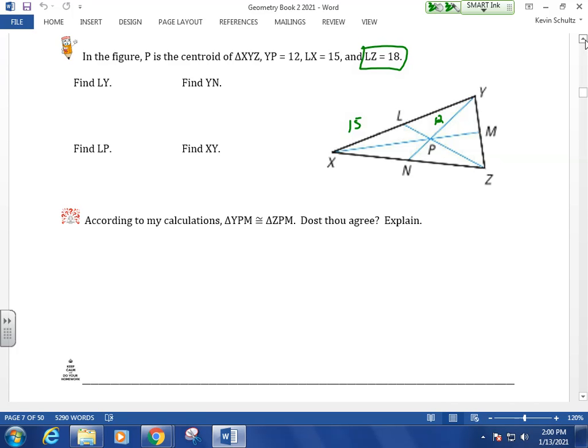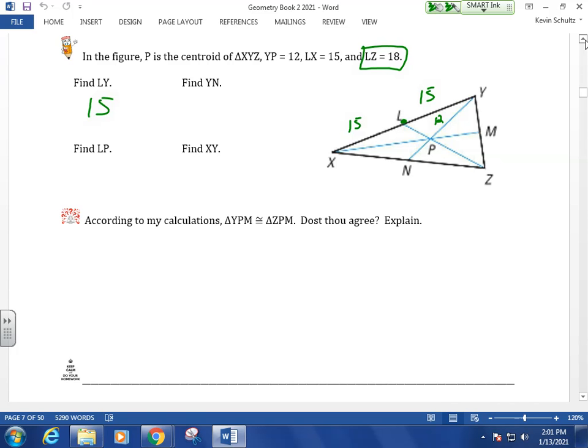But knowing that point P is a centroid, and remembering our definition of a median, it comes from the angle and goes to the midpoint of that opposite side. What do we know about point L? It's the midpoint of side XY, right? Which means that LY is going to be 15. Yep. Okay, so LY 15, mark that in there.